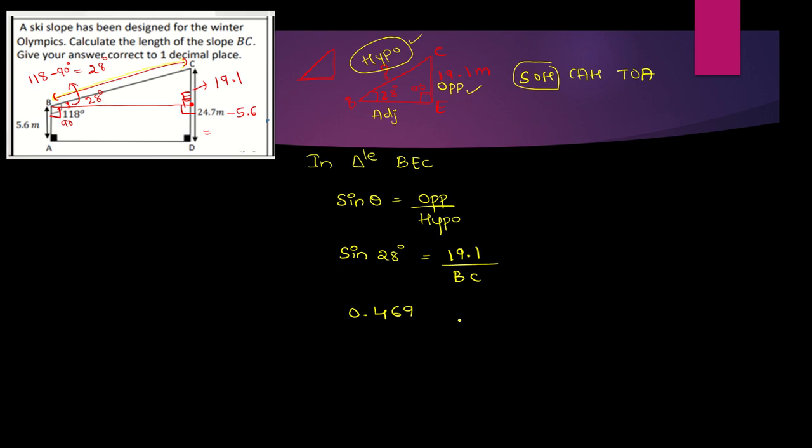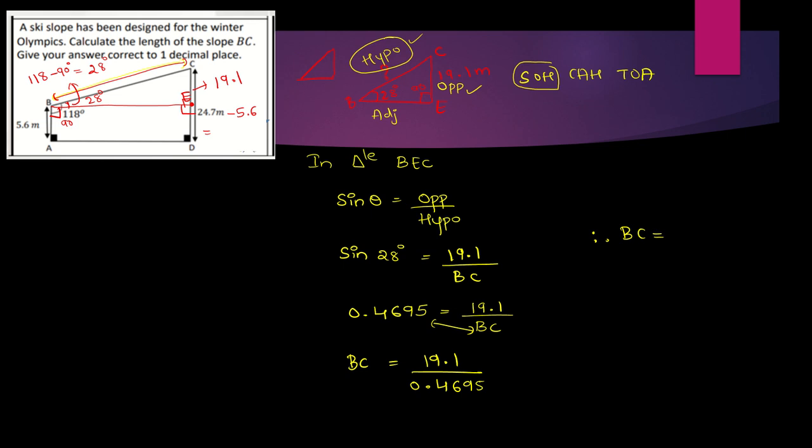So I'll round it to the fourth decimal place, that is 0.4695, equal to 19.1 divided by BC. Now I want the value of BC. Just again swap it. So BC will be equal to 19.1 divided by 0.4695.